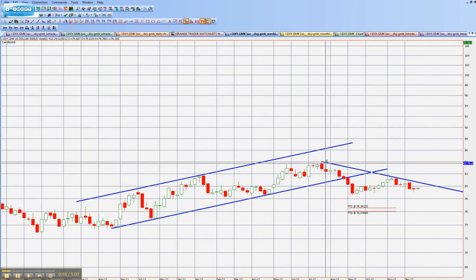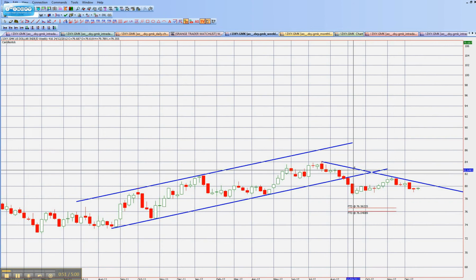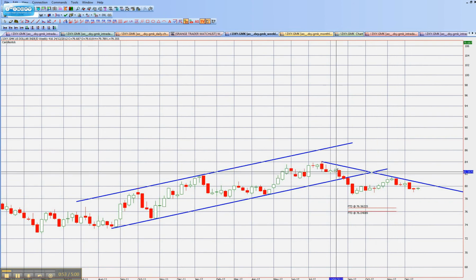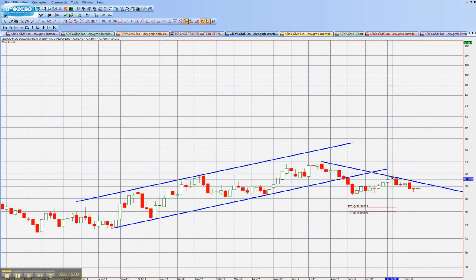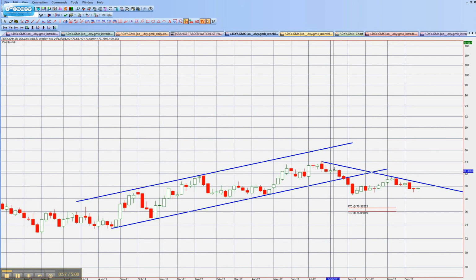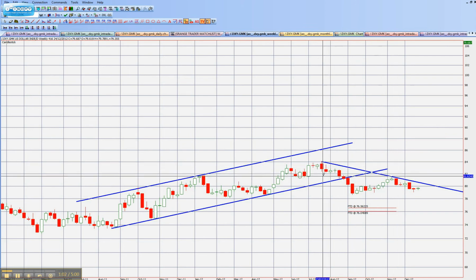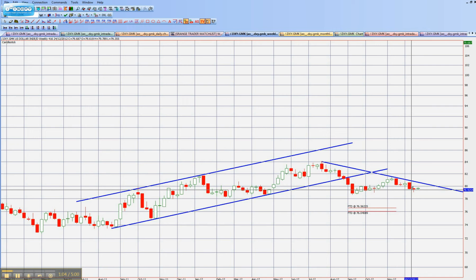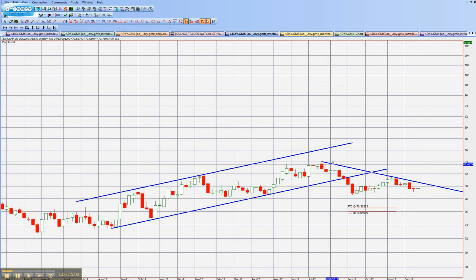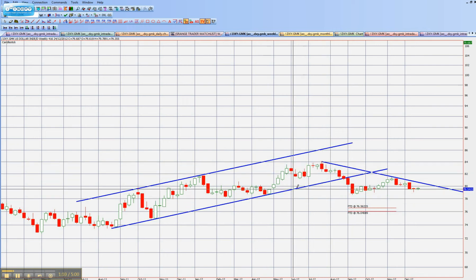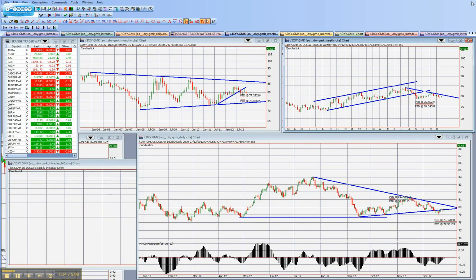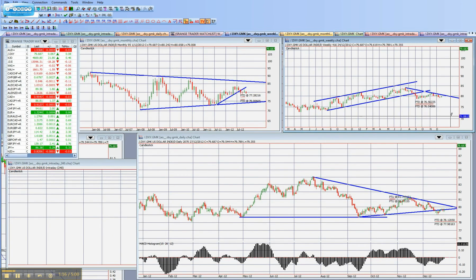On the weekly, we've got a resistance level here, pretty much like a top has formed, and we are heading into another downwards channel. Here, basically, if you take the top of that to the bottom of that to the break, you get the 76 level. So we're nudging there, and the monthly already confirms that.